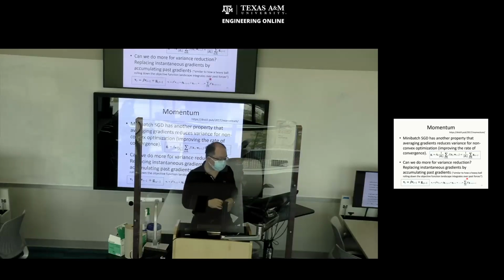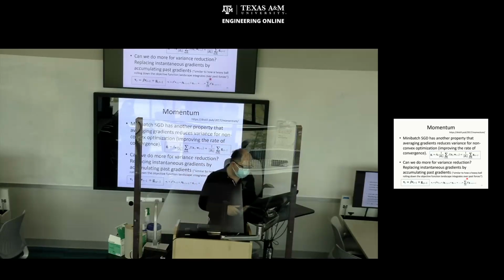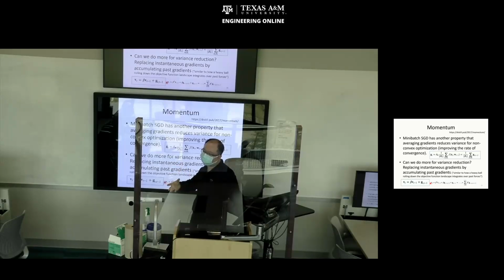It turned out that you can replace the instantaneous gradient at iteration t by accumulating past gradients, right? This idea we have seen before as well in, for instance, the limited memory BFGS, where we use earlier iterations' gradients in a parameterized way to estimate the second order information, the Hessian or the inverse of the Hessian, right?